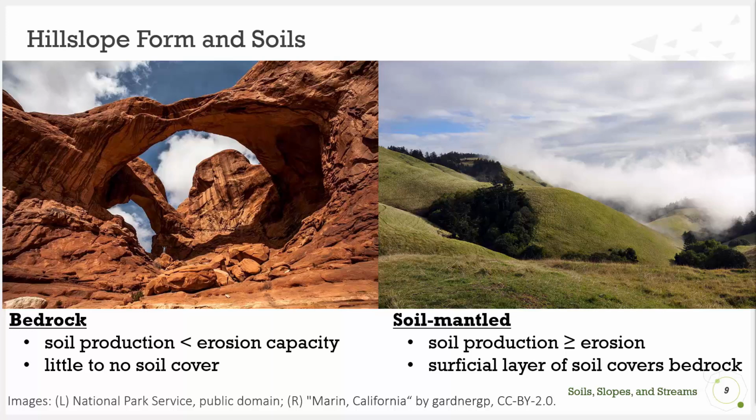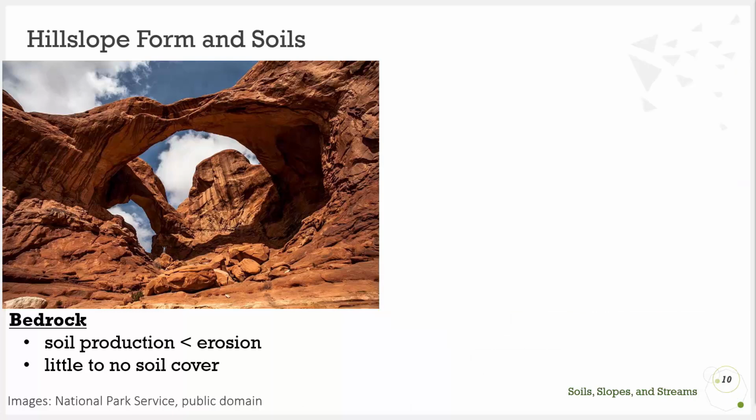In the left-hand image, the landscape has a greater capability to erode than to weather and produce soil. This results in little to no soil cover and the exposure of bedrock at the surface. Here, slope form is largely controlled by rock properties.